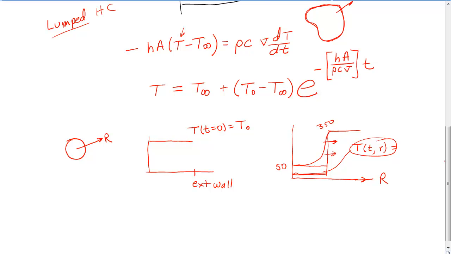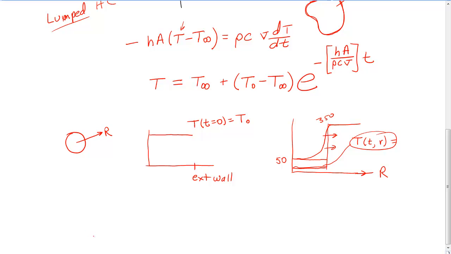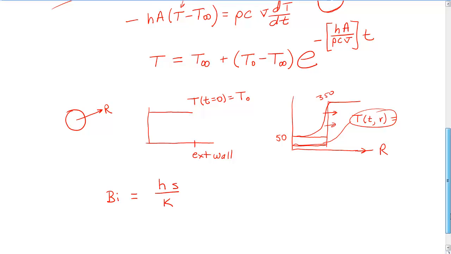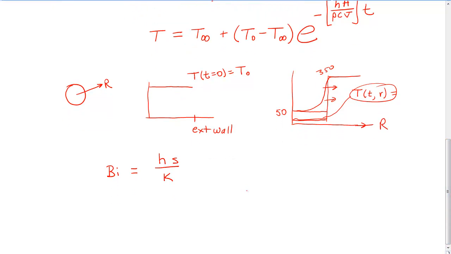And let's look at how this all relates to what is commonly called the Biot number, which is hS over k. And let's look at each of these terms. Now, S is going to be a characteristic length, and usually we consider that characteristic length to be the volume over the surface area.